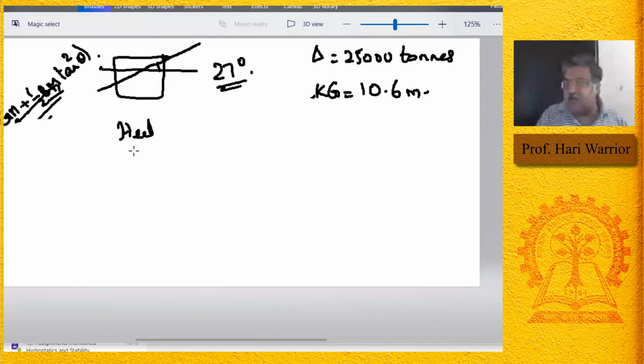So you have heel, then you have GM plus half BM tan square theta. So it comes to 2.95 plus 1.4, no sorry, 2.95 plus 1.4 tan square theta. Something like this it comes.